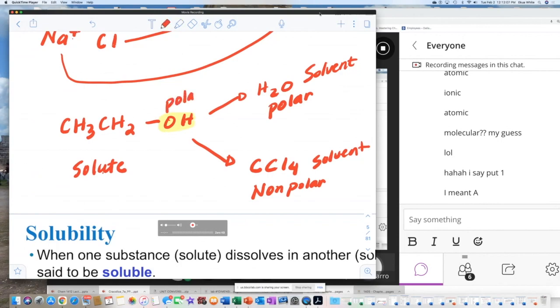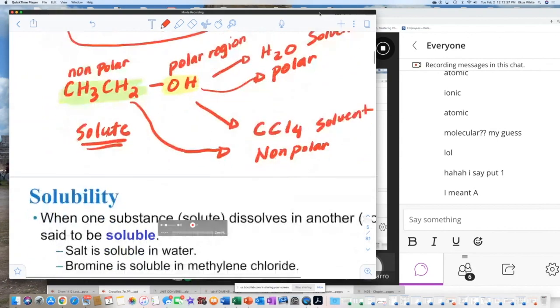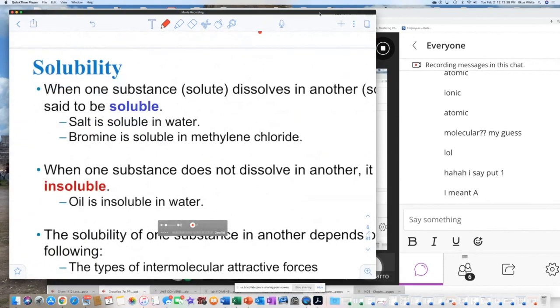This part here is a polar side of the molecule called the polar region. And then the rest of it, let me give it a different color. This part here is nonpolar. So guess what? This solute here can dissolve both in the polar solvent and in the nonpolar. So we'll see that down the road.